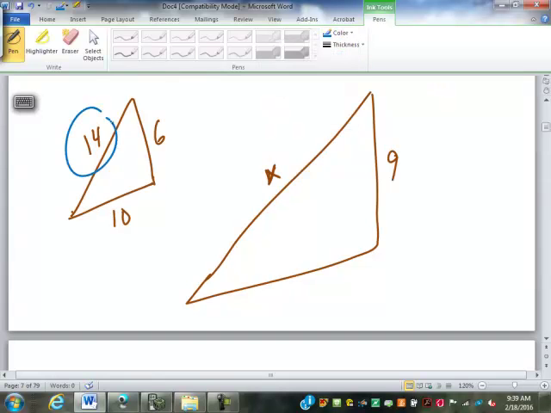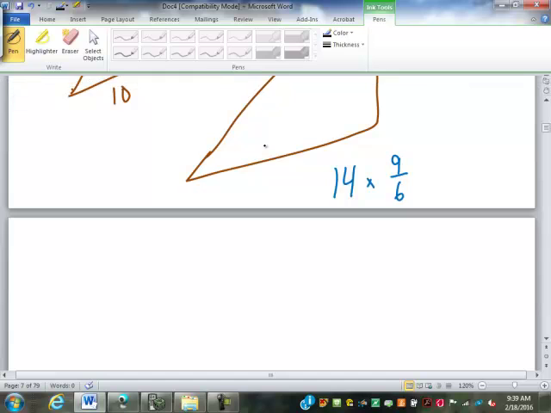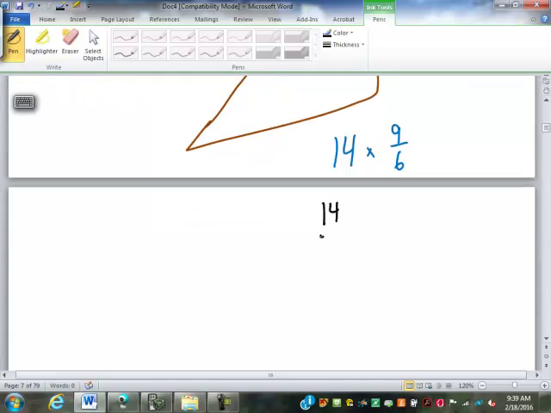Well, that corresponds to the 14, and we're going to multiply it by an enlargement ratio. The 6 became what? 9. Which one's the new? Which one's the old? New is the 9, 6 is the old. Perfect. So it's just going to be 14 times 9 over 6. Of course, we make that 14 over 1 times 9 over 6.